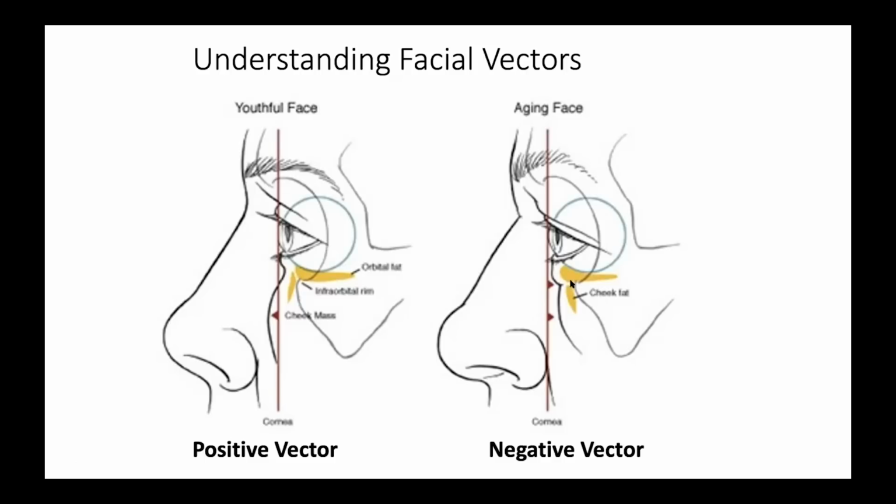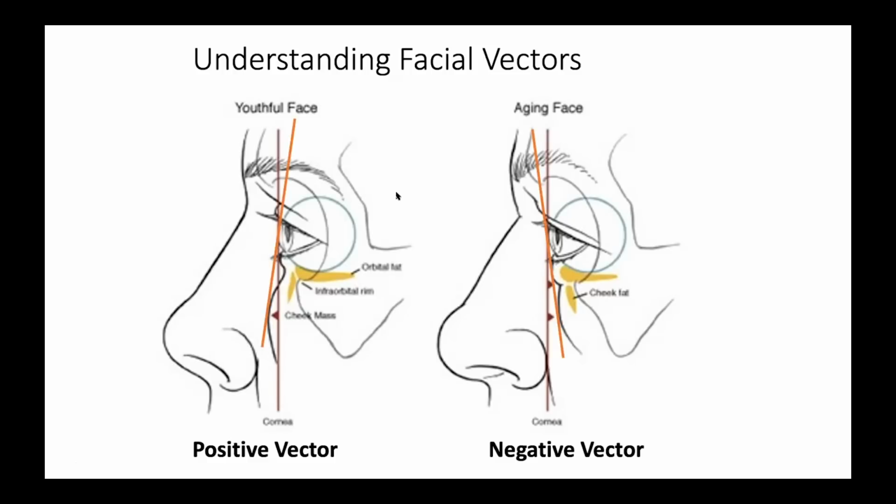However, remember, we still have that orbital retaining ligament. It's still holding true here. And so we start to get this groove in here, and instead of one single contour, we get two contours, which are disrupted by this groove. And also because this cheekbone is back further, it's not supporting that lower lid well, and that lower lid is going to start to fall.